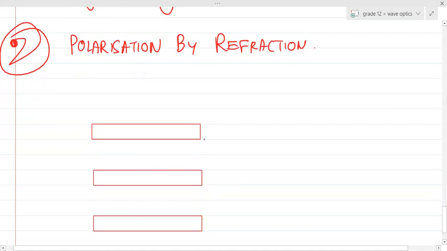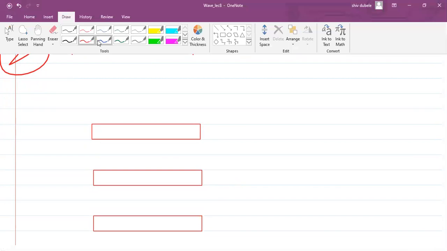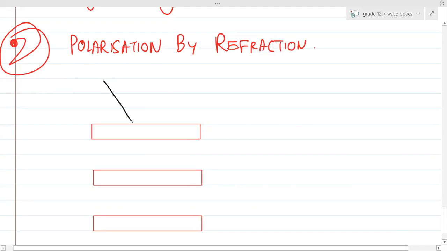So suppose, guys, we just learnt this particular thing: if I have a light ray coming like this, what will happen to it? It will get reflected and it will get refracted, right? Suppose this angle of incidence is such that total internal reflection is not happening, just as an example.